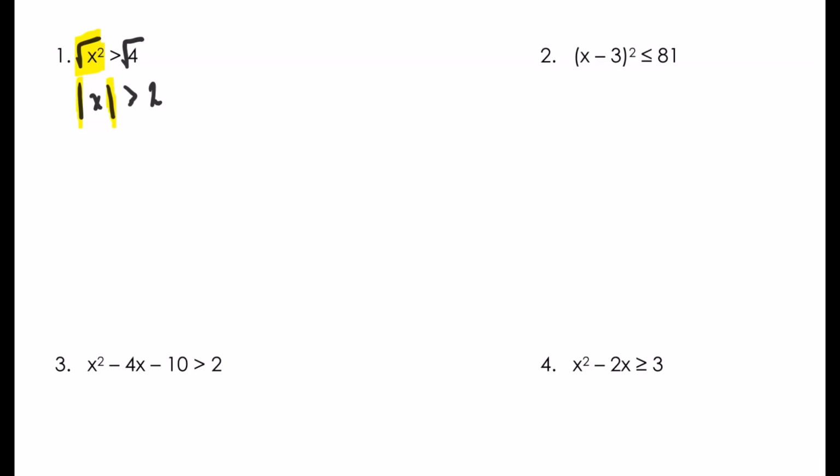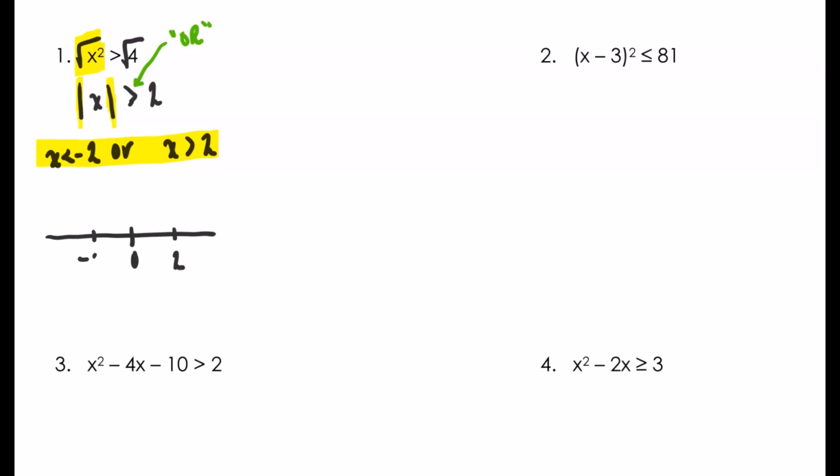Well, we talked yesterday about if we have a greater than, that's the "or" type of compound inequality. So then I'm going to go ahead and set that up for myself. So I've got x is greater than 2 or x is less than negative 2. And that's my final answer here. If I were to put this on a number line, I'd have 2 here and negative 2 here.